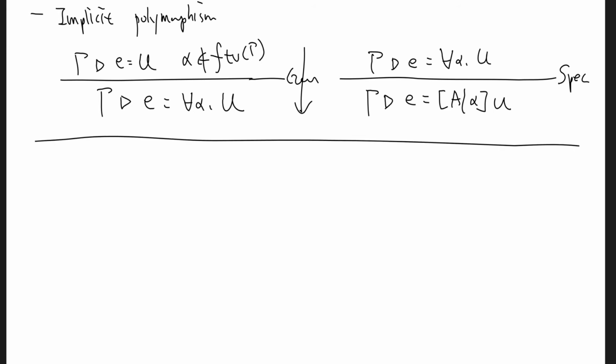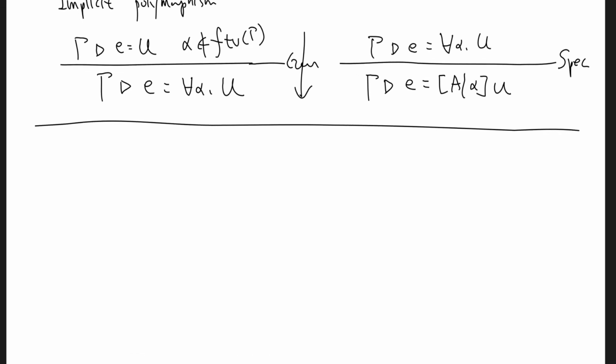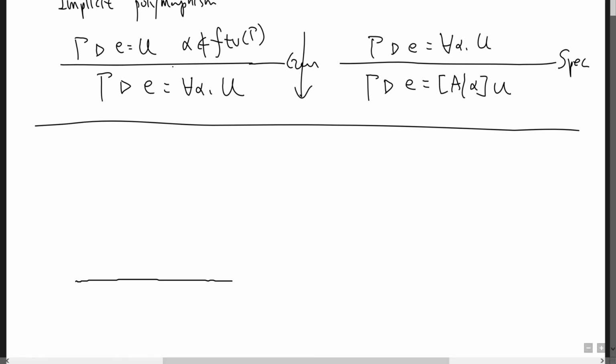Now let me show you one more example of applying this type reconstruction algorithm. The example is an empty typing context. We have let f = lambda x dot x.